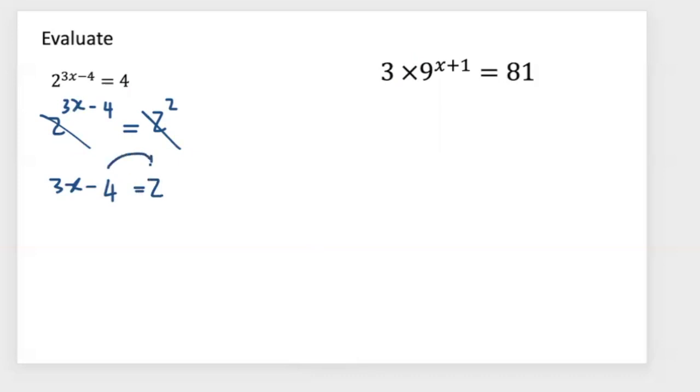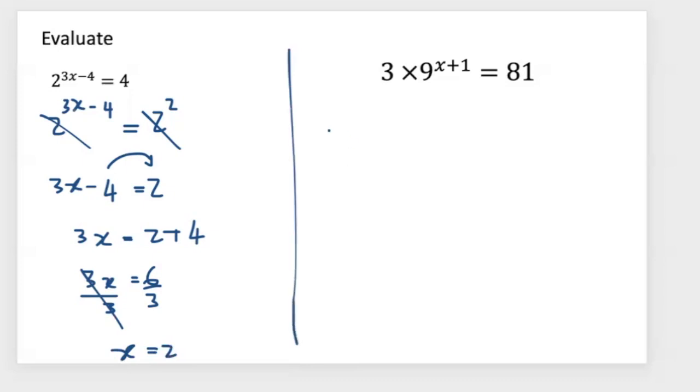Then I carry the 4 over, so I have 3x equal 2 plus 4. So 3x equals 6. Then divide both sides by 3. So this cancels, so x is equal to 2.